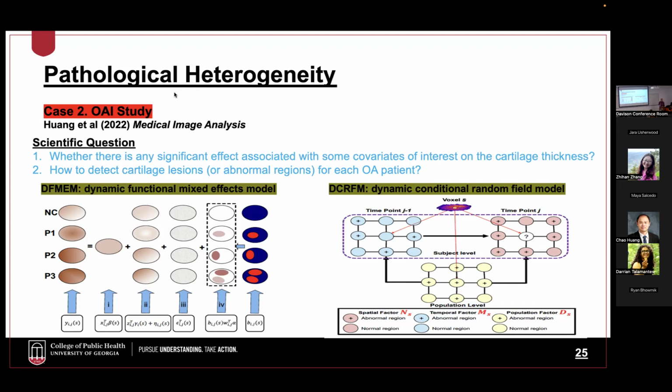This dynamic conditional random field model is different from the traditional conditional random field model because we have to capture these pathological patterns in two different directions.